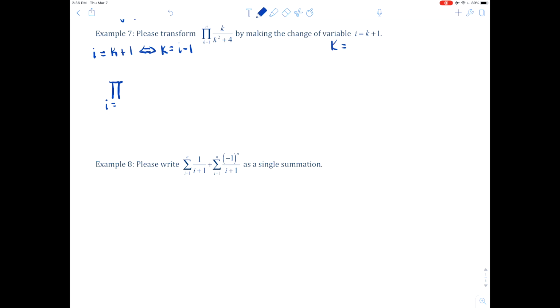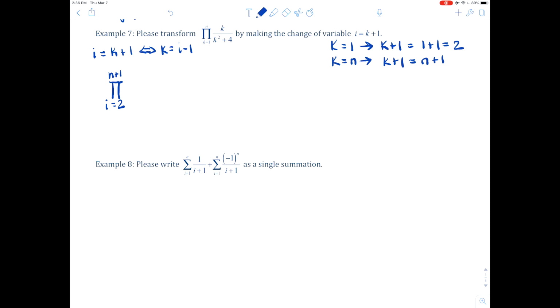When k is equal to 1, what happens to k plus 1? k plus 1 is equal to 1 plus 1, which is 2, right? So the initial limit of our product is going to be 2. And then what are we going to go to? Well, here we went to n, right? So for k equal to n, plugging in n for k, we go to n plus 1.